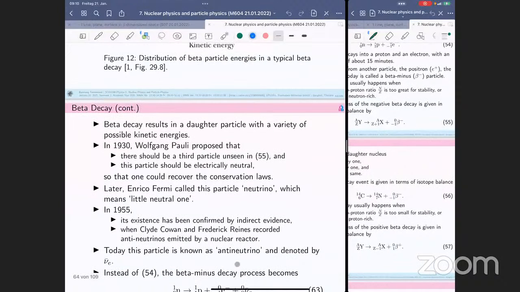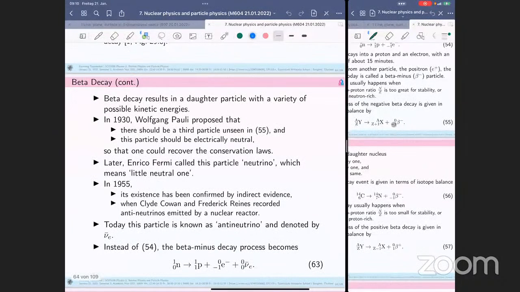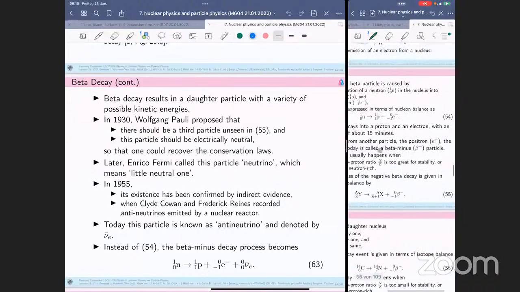Today, this particle, which was known before by Enrico Fermi as the neutrino, is known as the antineutrino, because the neutrino takes place with beta plus. The antineutrino takes place together with the electron. Okay, so equation 55 is no longer valid, and they add another, 54 or 55. 54 is the fundamental one. 55 is the general expression for any element, right?